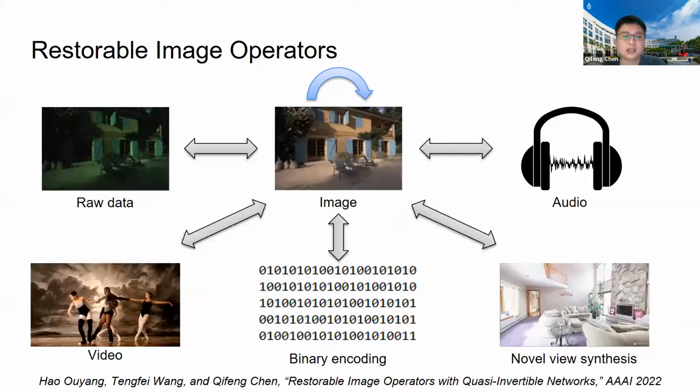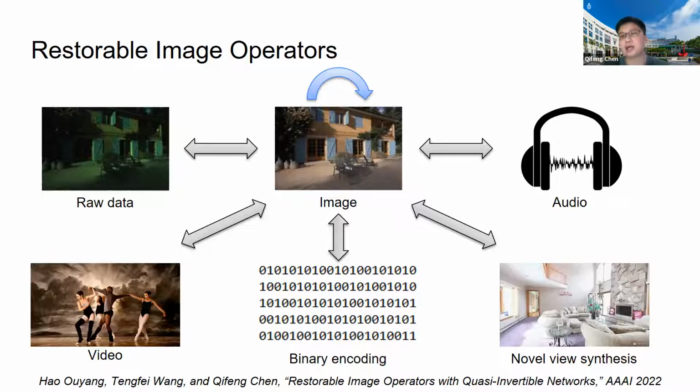Okay, and lastly, there is a recent work where we want to add one more functionality to image-to-image translation. Maybe you have seen some work that does day-to-night transformation and then night-to-day, but it's not highly invertible, meaning that we don't always reconstruct the original result.